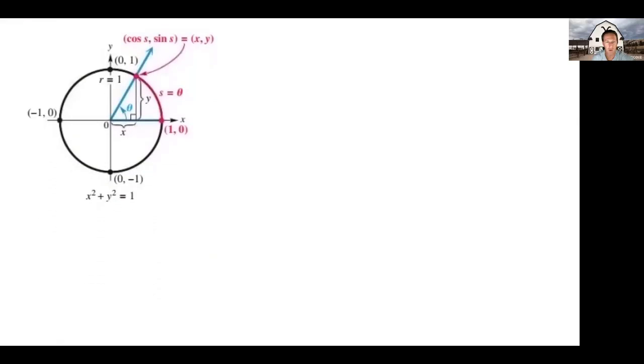So when I go to evaluate at some given point that they're going to give me, say this one right here, which I know is some x comma y, well, if it's on the unit circle, which should be pretty obvious that it is, because they're giving us all 4 of our quadrants being a length of 1 comma 0, 0 comma 1, and so on and so forth, all a length of 1, meaning our radius is 1 because of that equation, x squared plus y squared equals 1, which is the equation of a circle centered at 0, radius of 1.